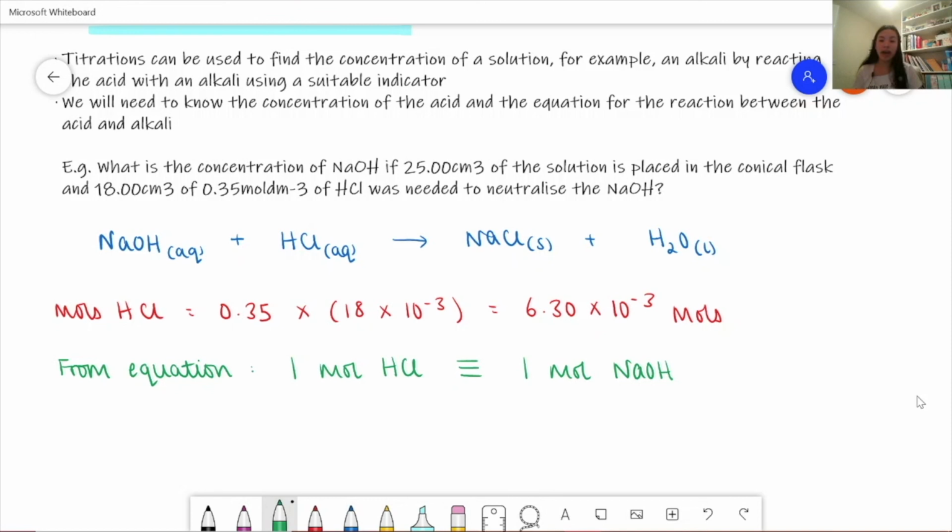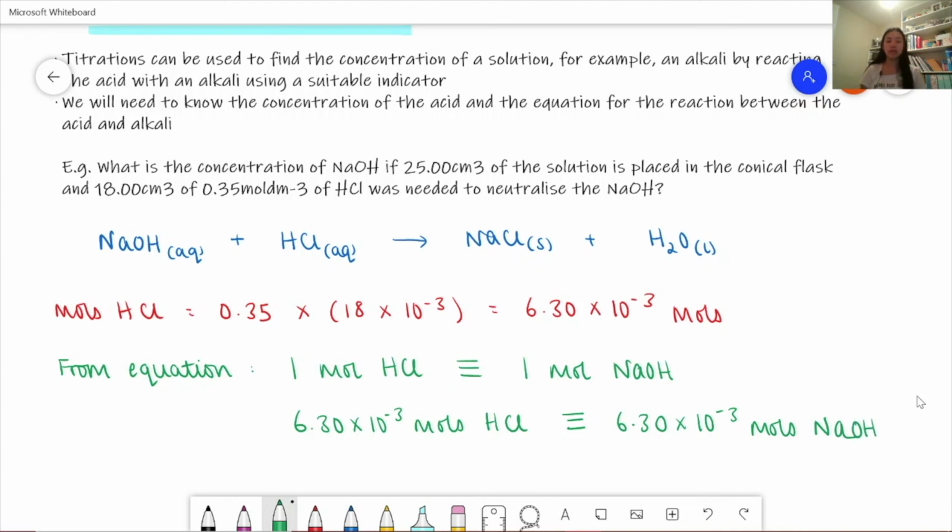And so if we have 6.30 times 10 to the minus 3 moles of hydrochloric acid, then this must react with 6.30 times 10 to the minus 3 moles of sodium hydroxide because they're in a 1-to-1 ratio.